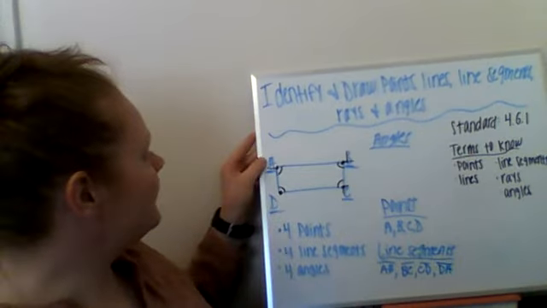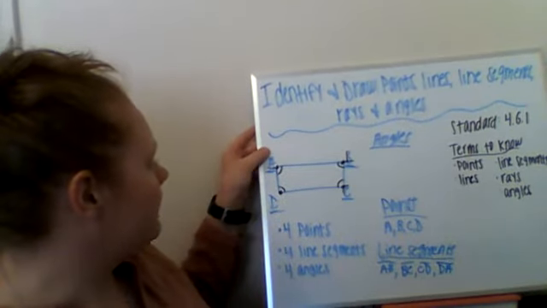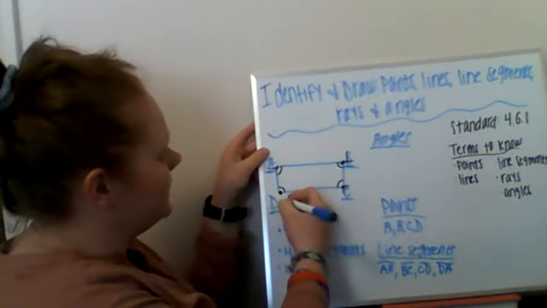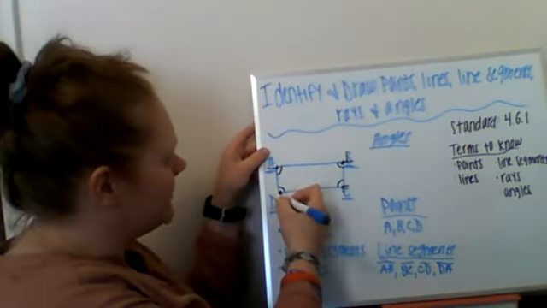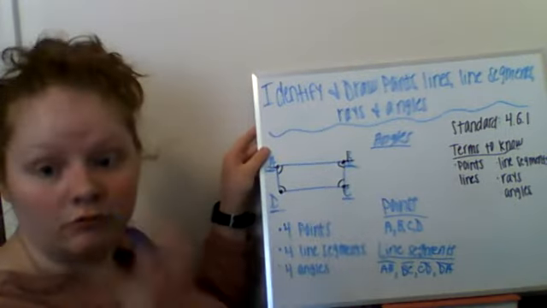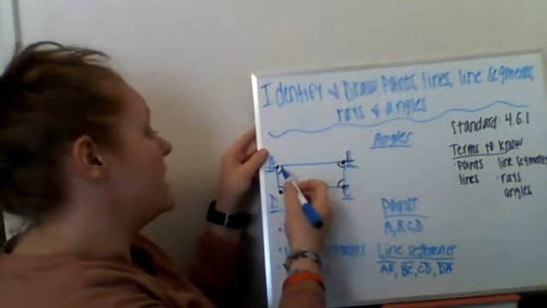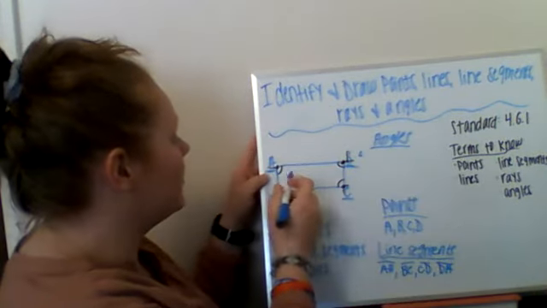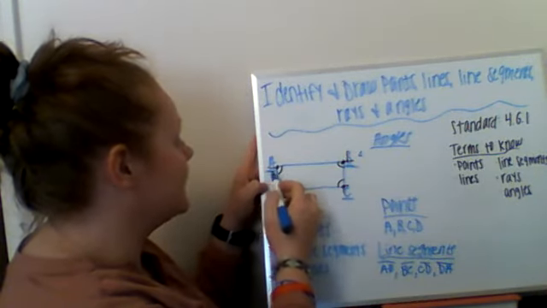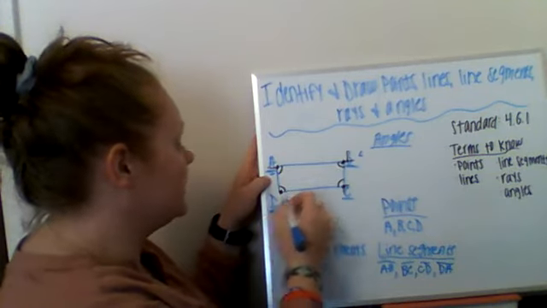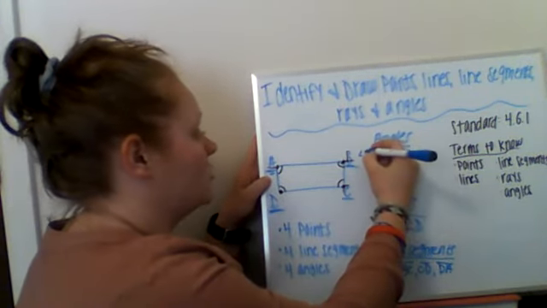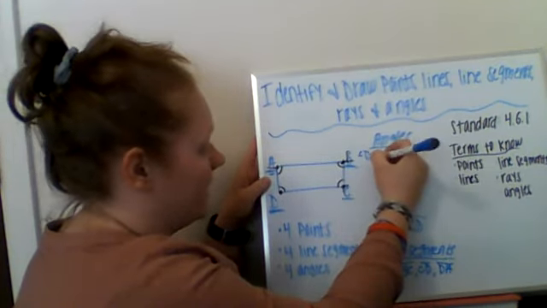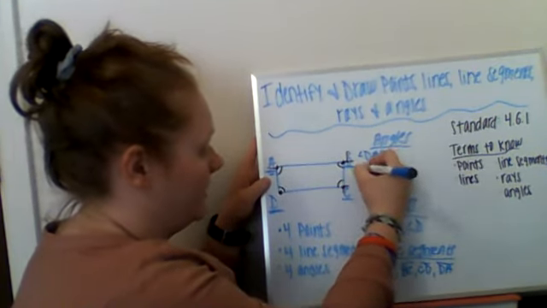If I look at A right here, A was the endpoint being shared between ray DA and ray AB. Remember, when they share the endpoint, that's in the middle. So I'm going to start with D. One of my angles was DAB.